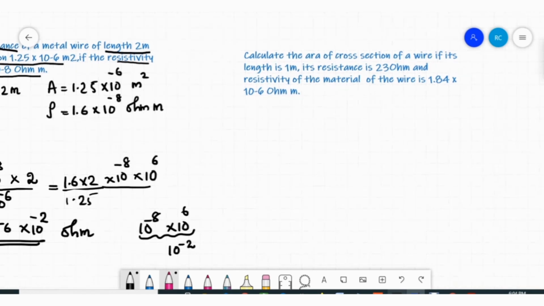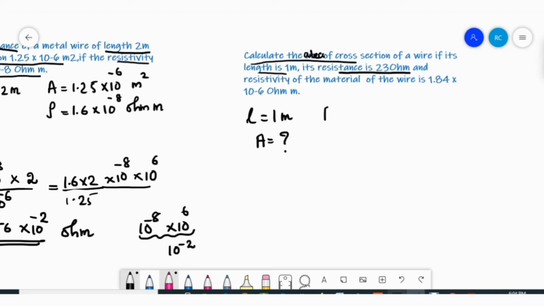Next one, calculate the area of cross section of a wire if its length is 1 meter. We need to calculate the area of cross section. If its length is 1 meter, so L is given 1 meter, and A we have to calculate, area of cross section. Its resistance is 230 ohm.